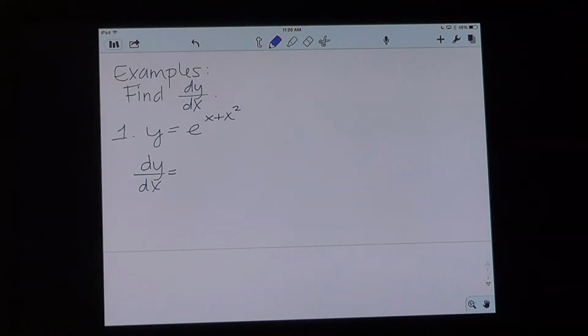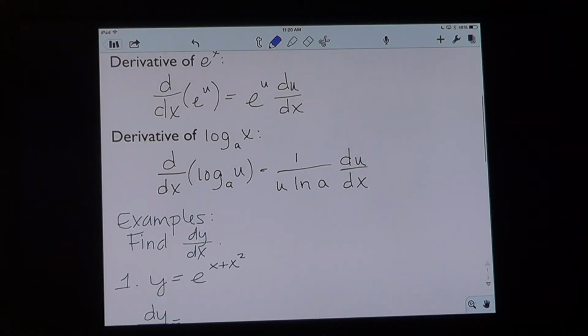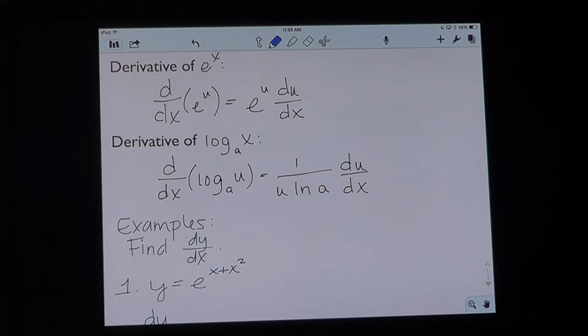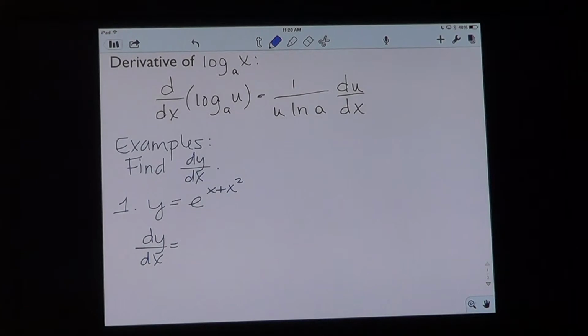So if you look at the e to the x, derivative of e to the x, we just repeat the e to the x part again. And then after that we have to take the derivative of whatever the exponent is and multiply it. So this is just going to be the same again, e to the x plus x squared. And then we'll multiply by the derivative of x plus x squared, which would be what? Right. And that will be your answer.